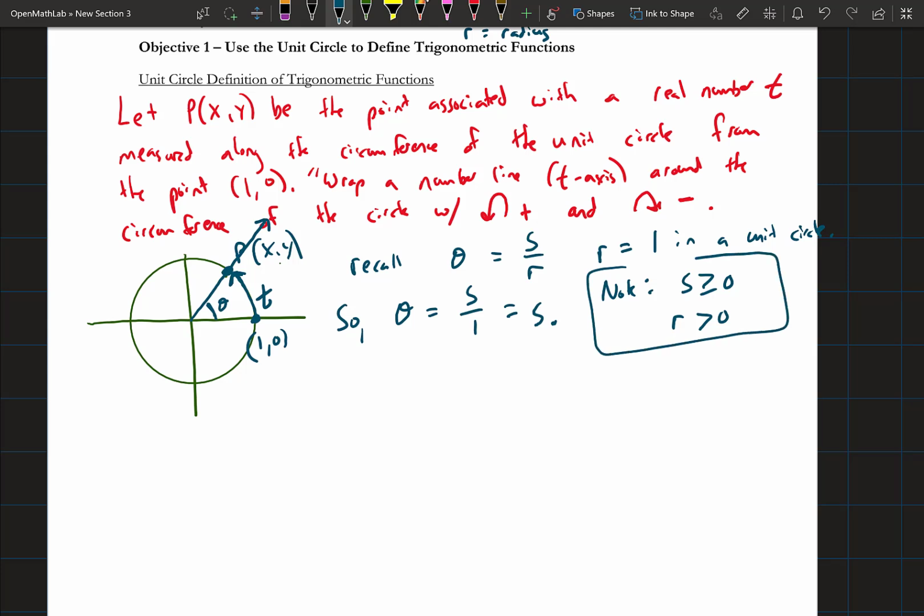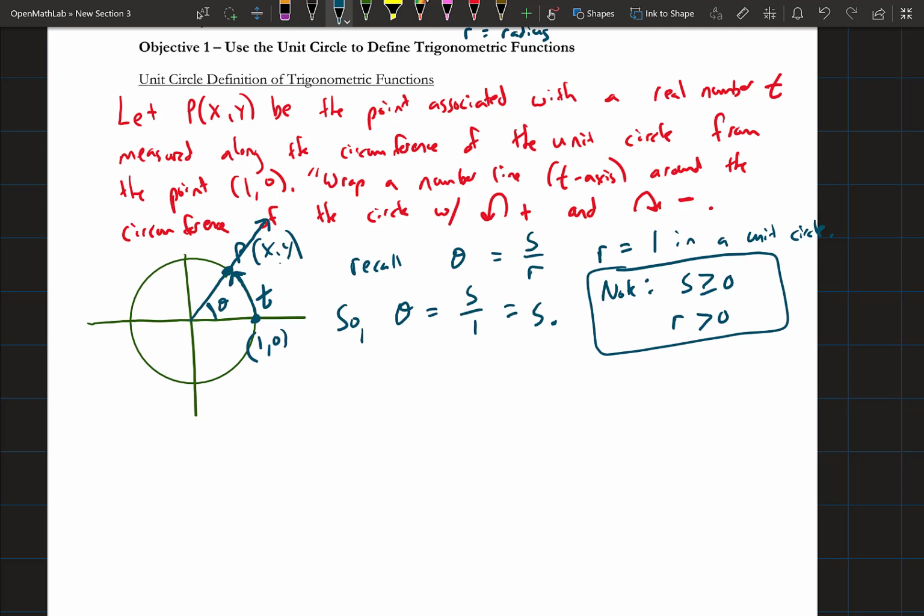So that's just something to note. The arc length could be equal to 0, though, like if we look at the measure of 0 degrees.